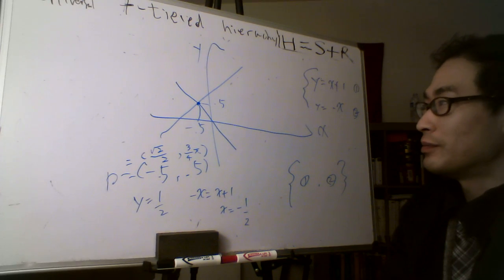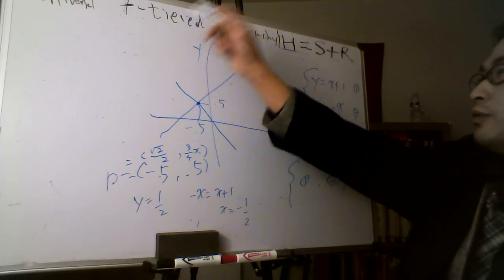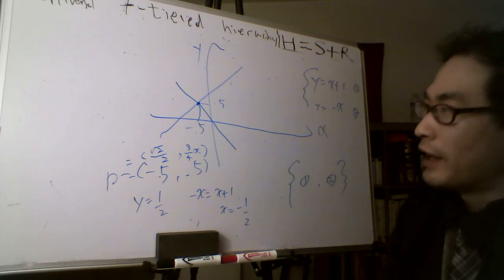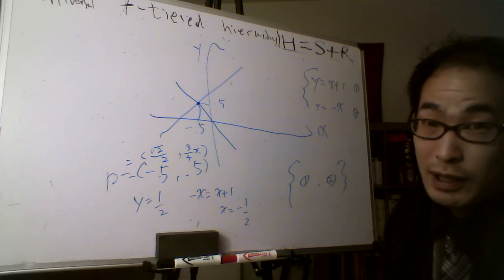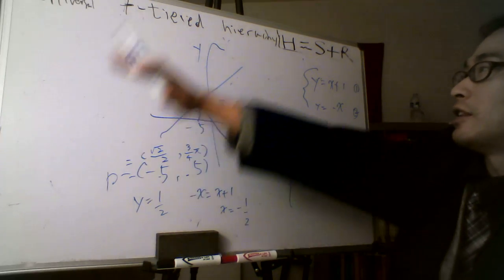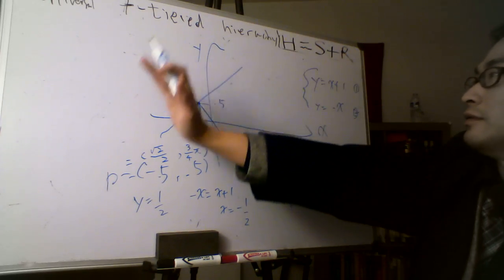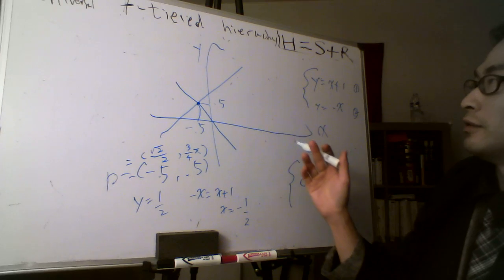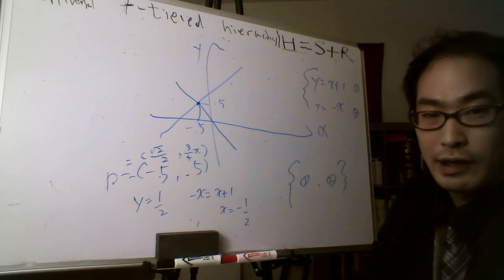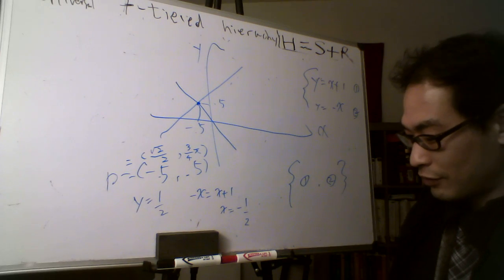Let's do some. Then what would be the equation of this entire two-dimensional plane? Can you think of an equation that can express the entire two-dimensional space, in terms of x and y? I'll give you 30 seconds.